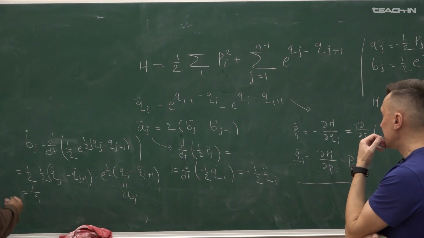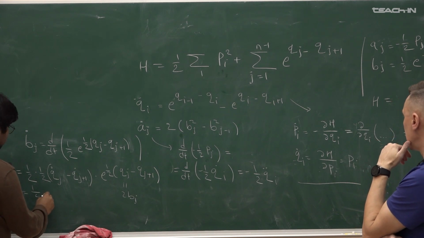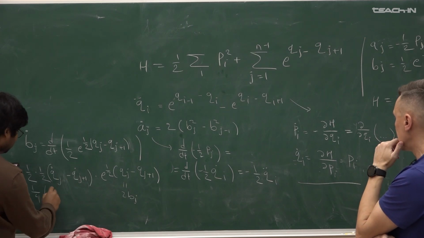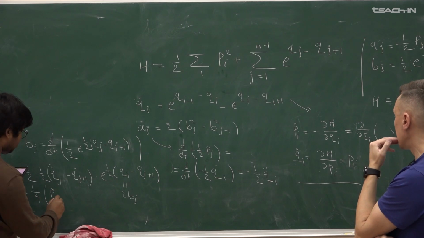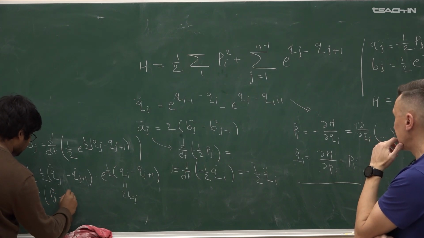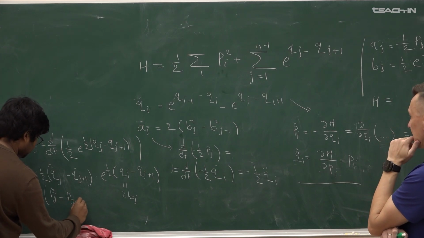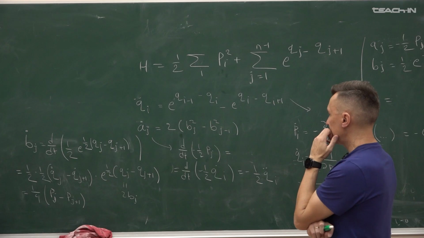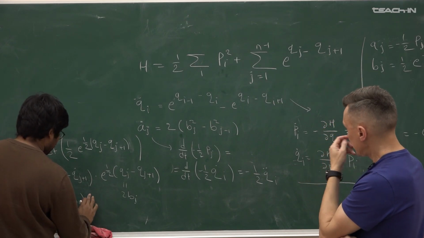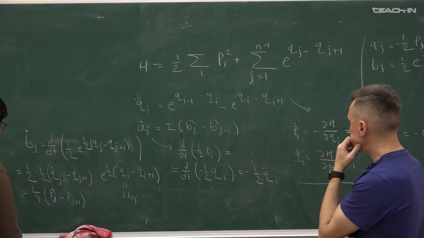I can write directly 1 over pi pj, which is pj minus pj plus 1, multiplied by, and we know that pj is actually aj, right?